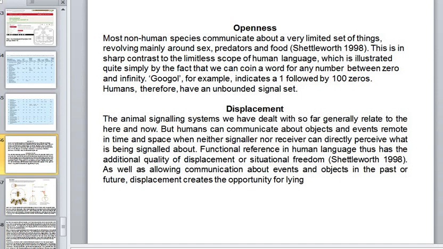One communication system that has provoked particularly heated debate about its language-like qualities is the celebrated dance of the honeybees.